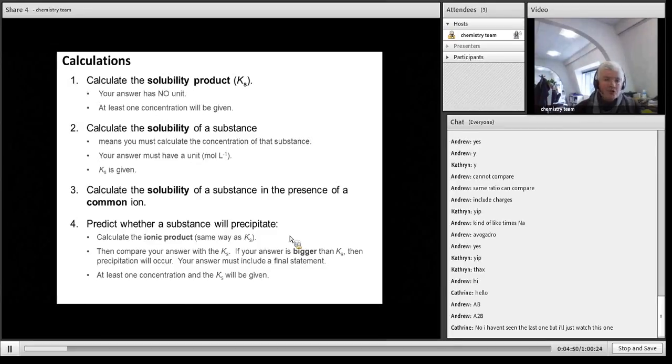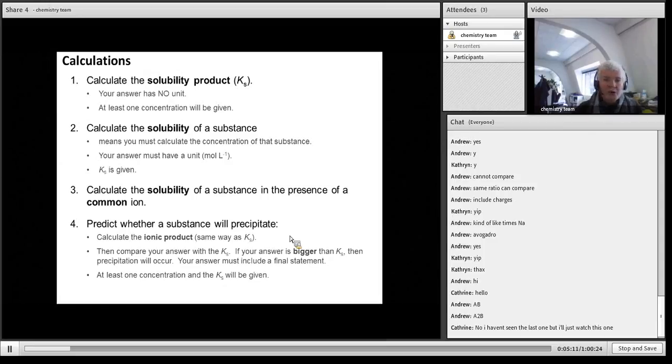This is the straightforward calculating of the solubility product, where we give you a concentration. We normally give you the solubility and say work out the solubility product. Or number 2 is we give you the solubility product and ask you to calculate the solubility. So it's the opposite.